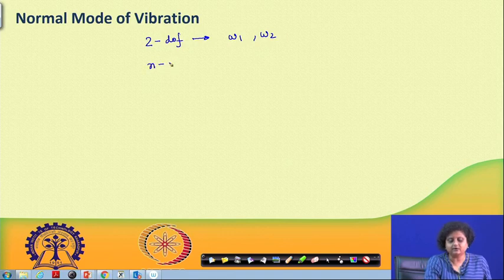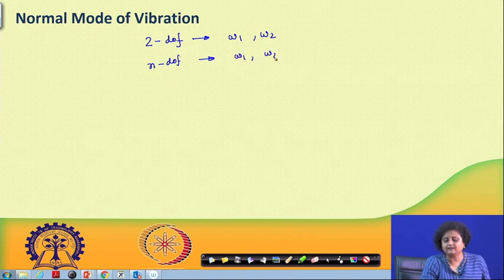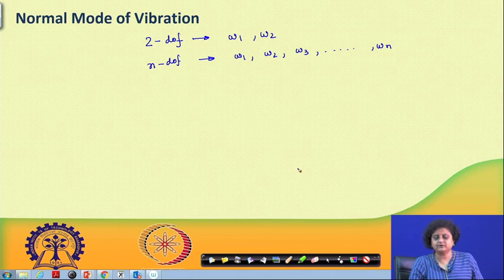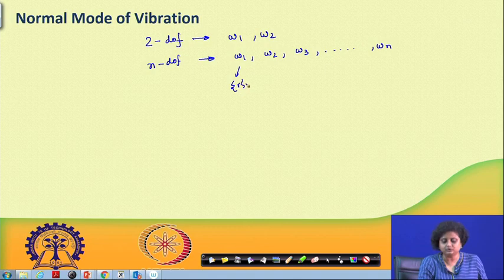For n degrees of freedom system, we will have n natural frequencies and we have to arrange them in increasing order. The lowest one will be called the first natural frequency and so on. Corresponding to each natural frequency, I will have a mode shape.